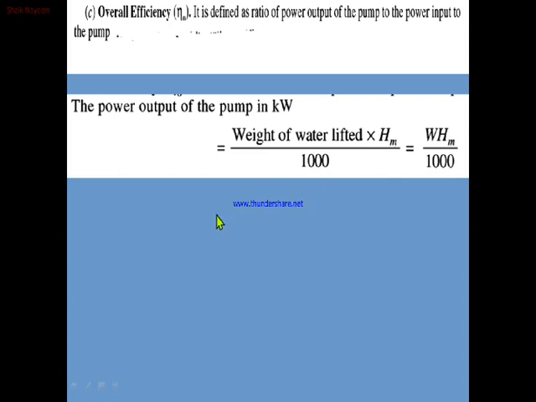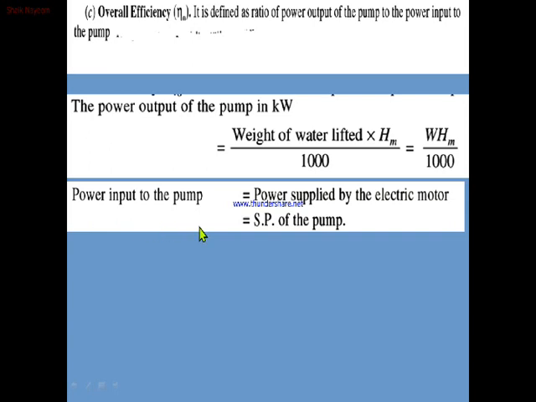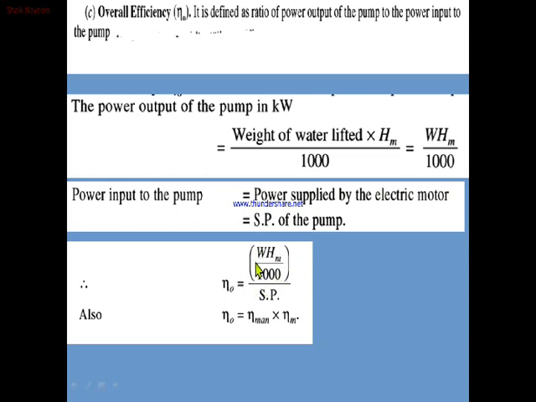Similarly, the power available at the input is nothing but our shaft power. By substituting these values, we can write W Hm by 1000 into shaft power. This simplifies to manometric efficiency into mechanical efficiency. Therefore, the overall efficiency of the pump is the product of the manometric efficiency and the mechanical efficiency.